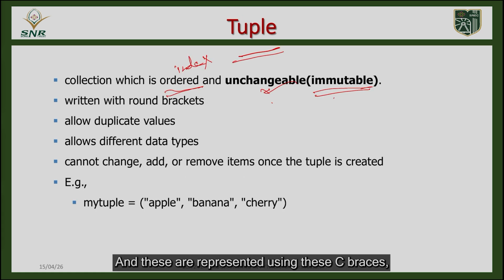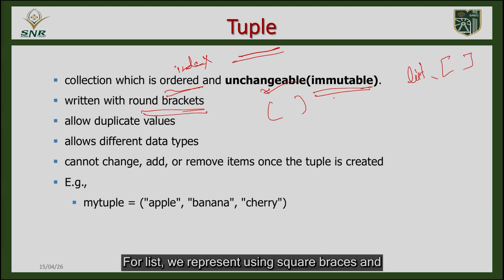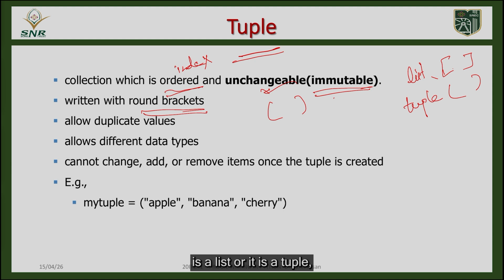Tuples are represented using round brackets, whereas lists use square braces. For a list we use square braces, and for tuples we use only round braces, and the compiler will identify whether it is a list or a tuple. Lists are mutable, the values inside them can be changed.